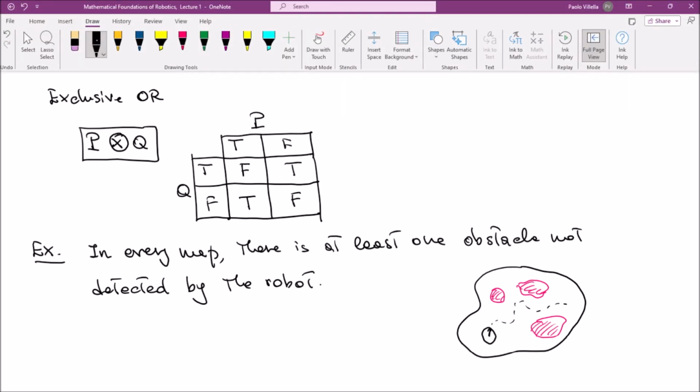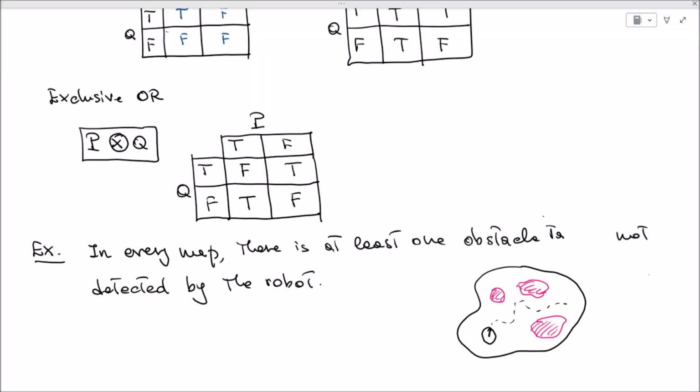And in this first proposition, we are stating that in every map there is at least one obstacle that is not detected by the robot. Okay, let's build now the negation of this proposition. Let's say that this proposition is P.